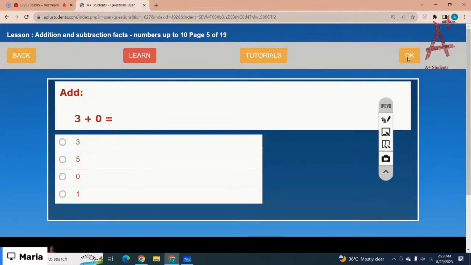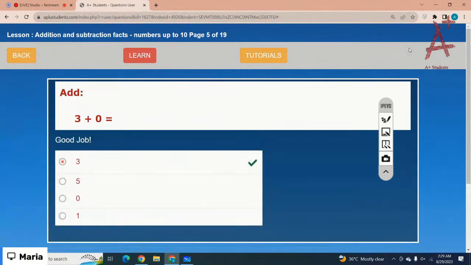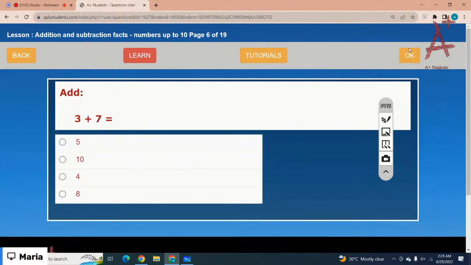3 plus 0 equals, you have to add. So 3 plus 0 equals 3, right? So the correct option is 3. Okay, 7 plus 3, you have to add.